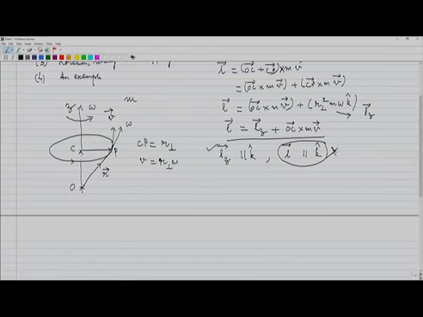In general, the orbital angular momentum is not along the axis of rotation. L and omega need not be parallel in general. But in the case of an object rotating about a z-axis, that too for symmetric bodies, L and omega are parallel.